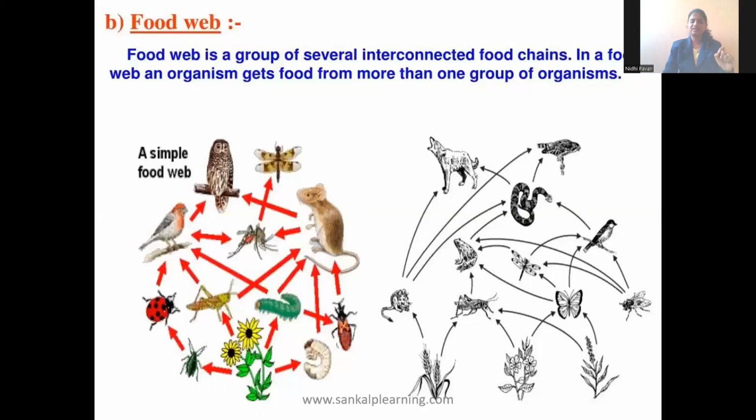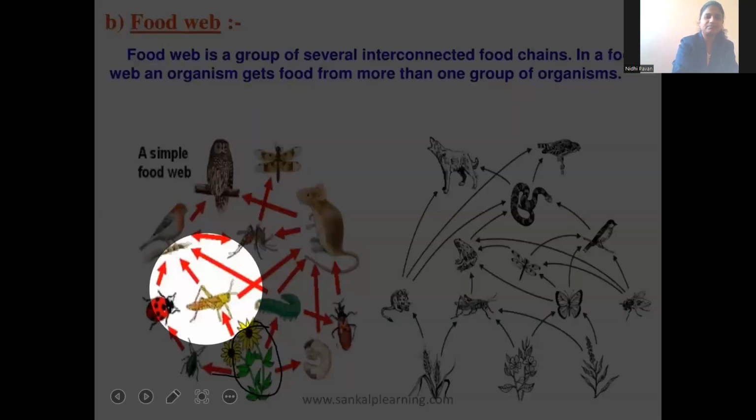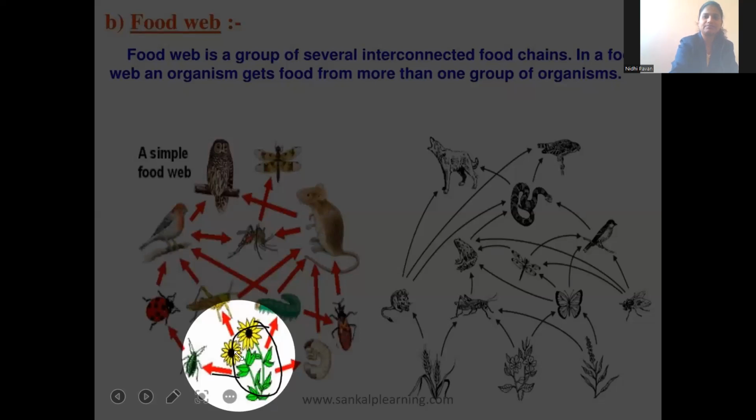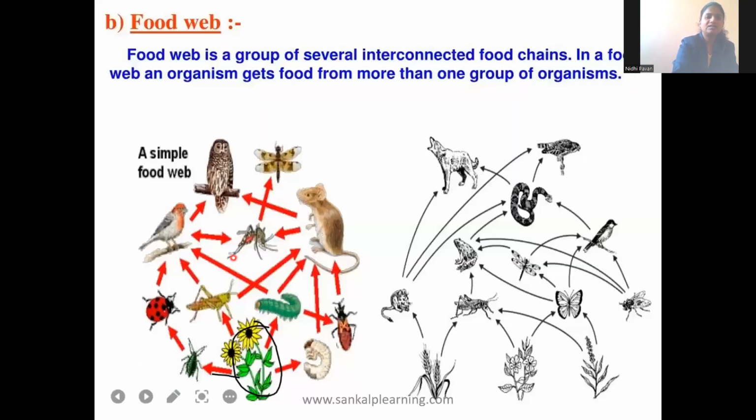As we were discussing regarding food webs, see here, the plant is eaten by insect, the plant is eaten by larva, the plant is eaten by the other insect, grasshopper, like that.